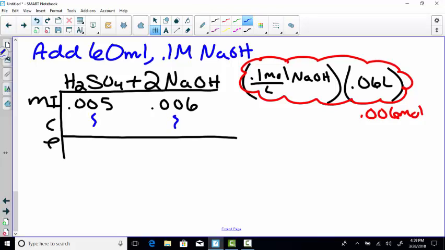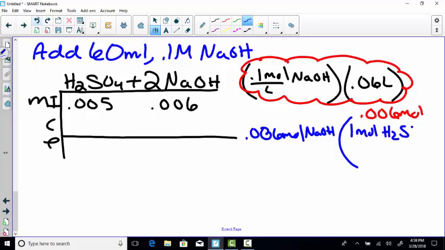That doesn't change who my limiting and excess reactants are, because this 0.006 moles of NaOH is still got to be times this 1:2 mole ratio. 1 mole of H2SO4 to 2 moles of NaOH.